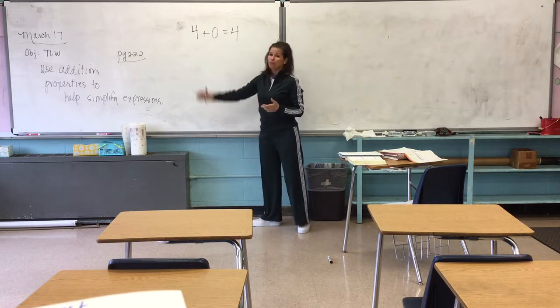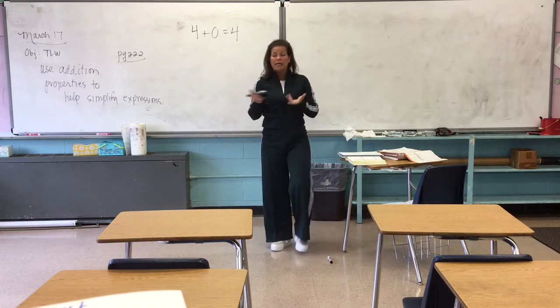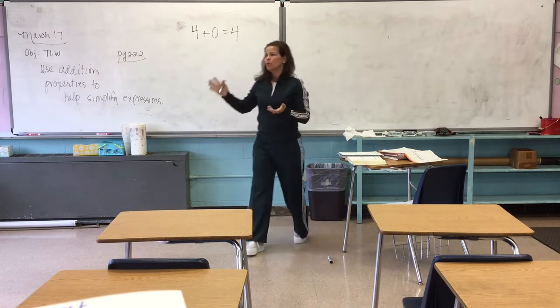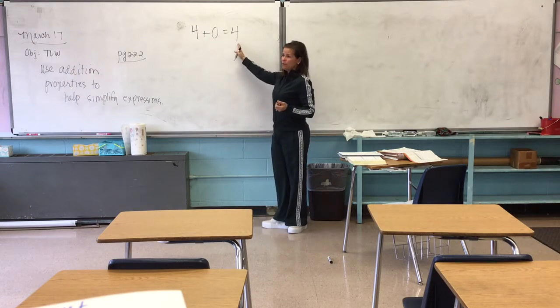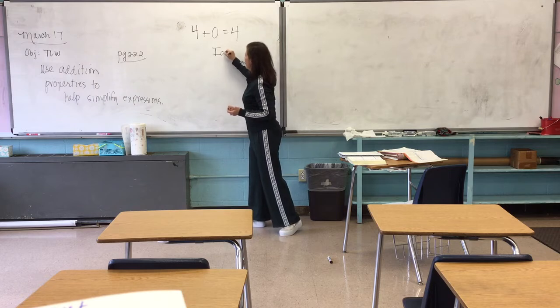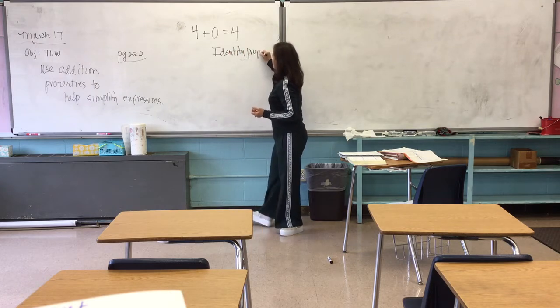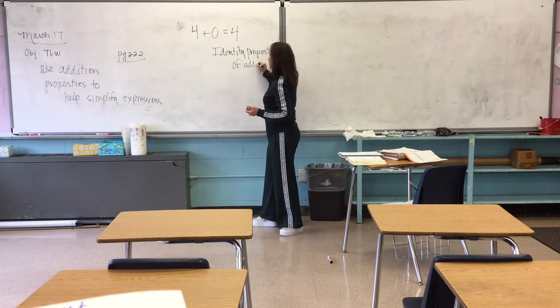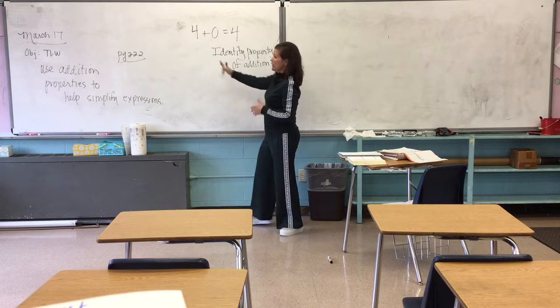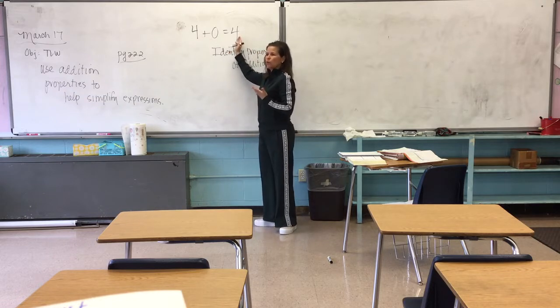We're going to give it a name, just like each of you has a name. So this property that says any number plus 0 is equal to itself is called the identity property. It's the identity property of addition. We know that 4 plus 0 equals 4.